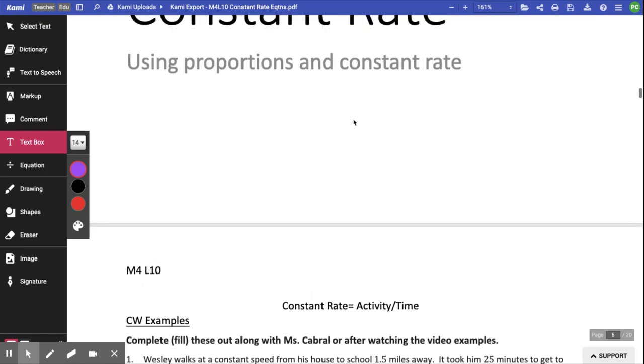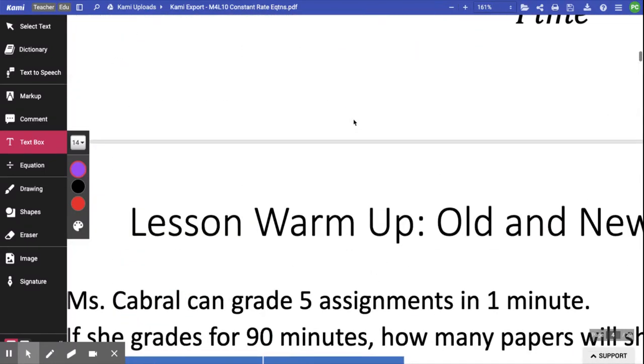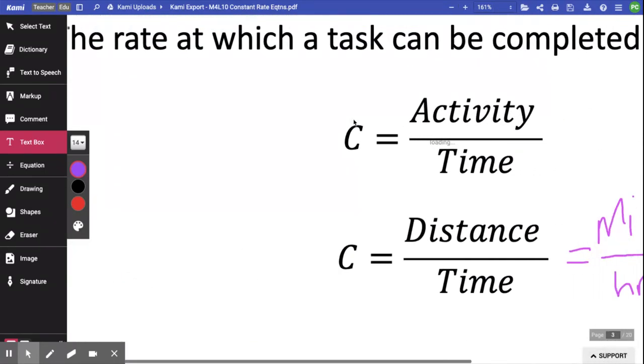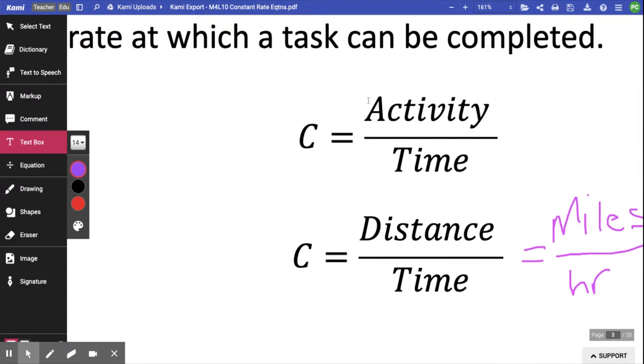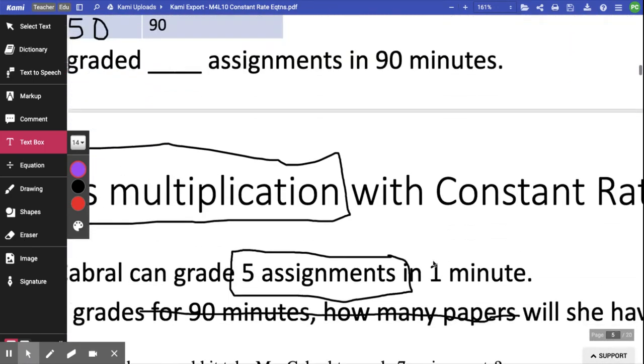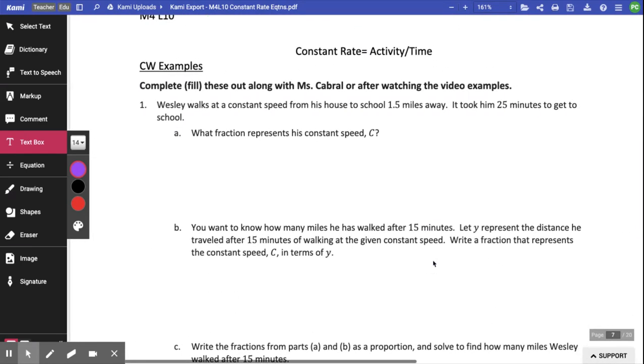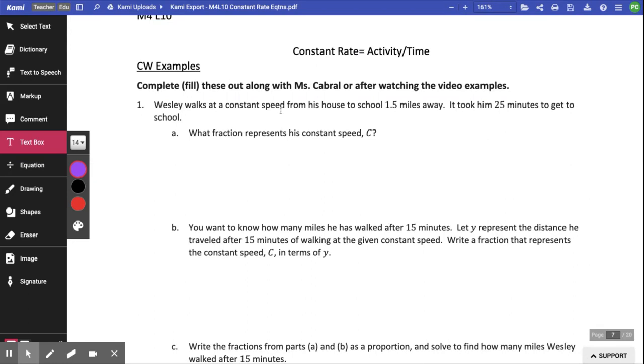And if you remember from the top towards the notes section, constant rate or constant speed is either the activity in a fraction form over the time, or the distance over the time. So if I go back down to this first problem, it says that Wesley walks at a constant speed from his house to school 1.5 miles away, and it takes him 25 minutes to get there.